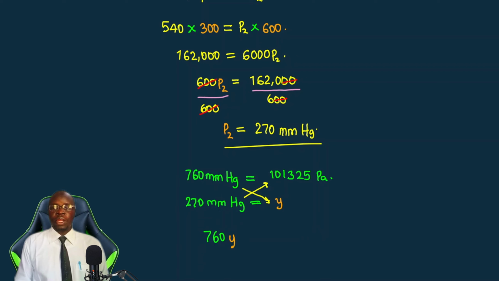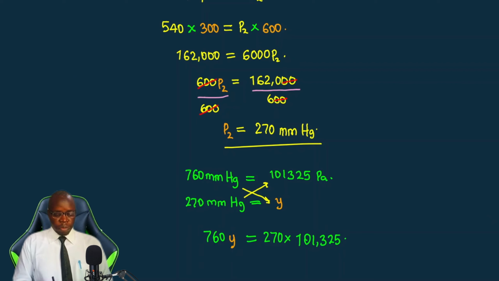As we always leave out our units, knowing that to trace the unit is easier, you come to where your unknown is and you move upward to see your unit. So the next side is multiplying 270 by 101,325.